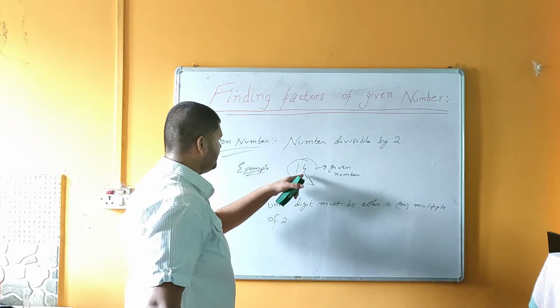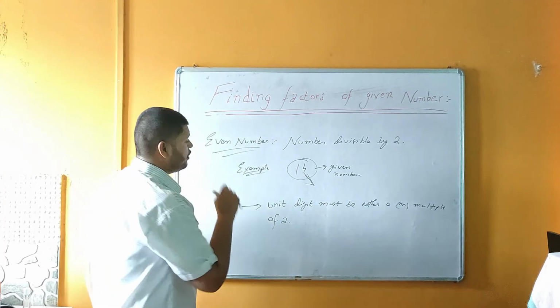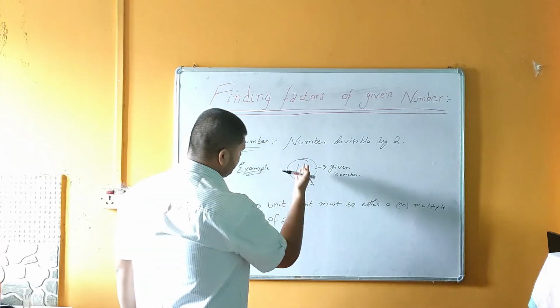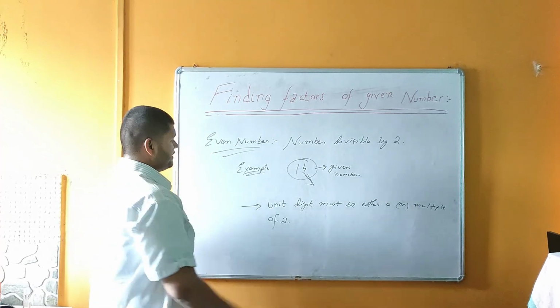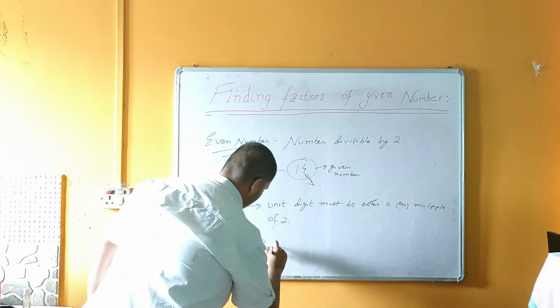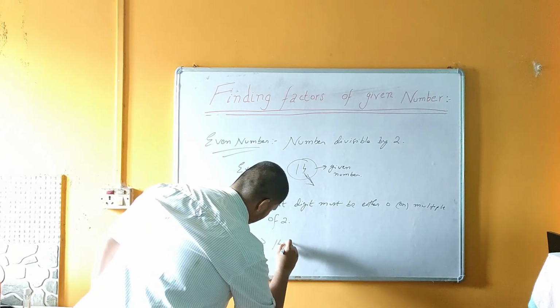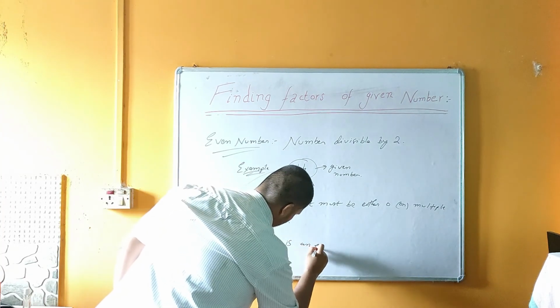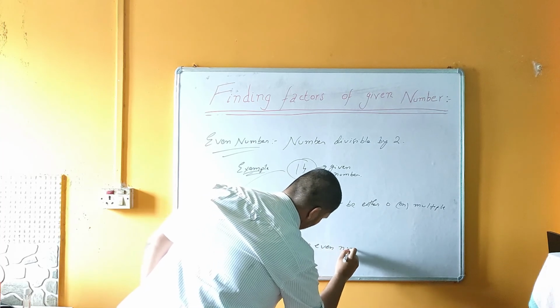So tell me, is this 4 a multiple of 2 or not? Yes, of course this 4 is a multiple of 2. That's why this 14 is an even number, because 4 is falling in the multiples of 2.